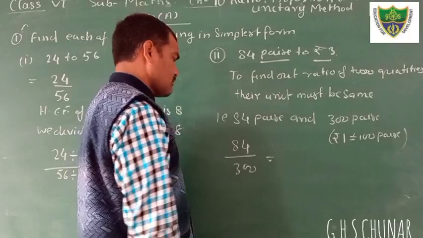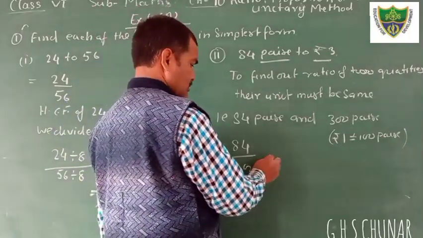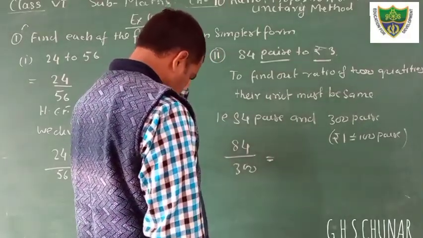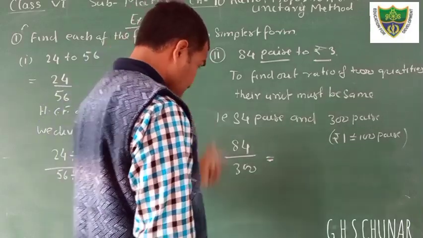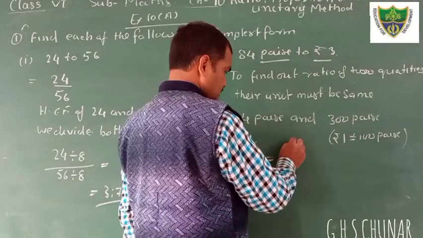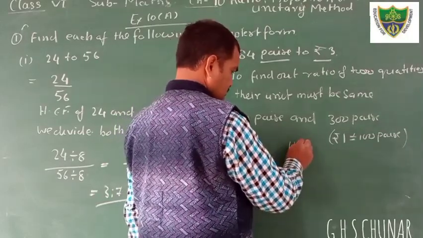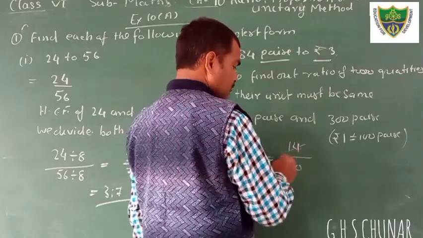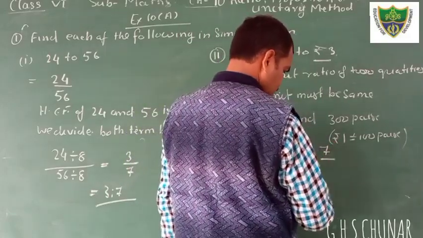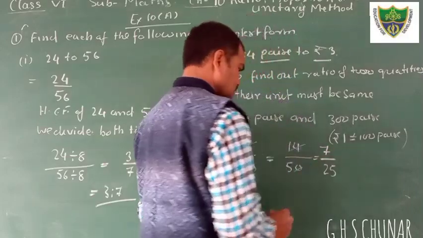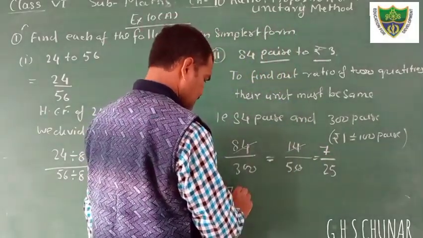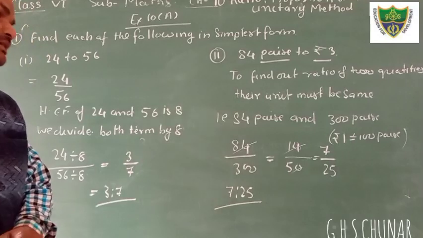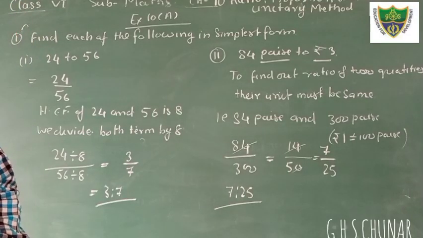We write it in the simplest form. When you find the HCF of 84 and 300, that will be 12.